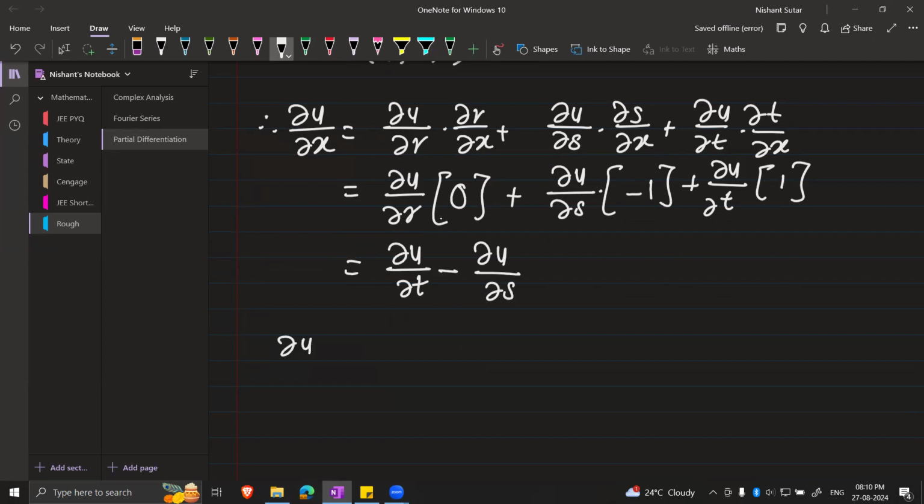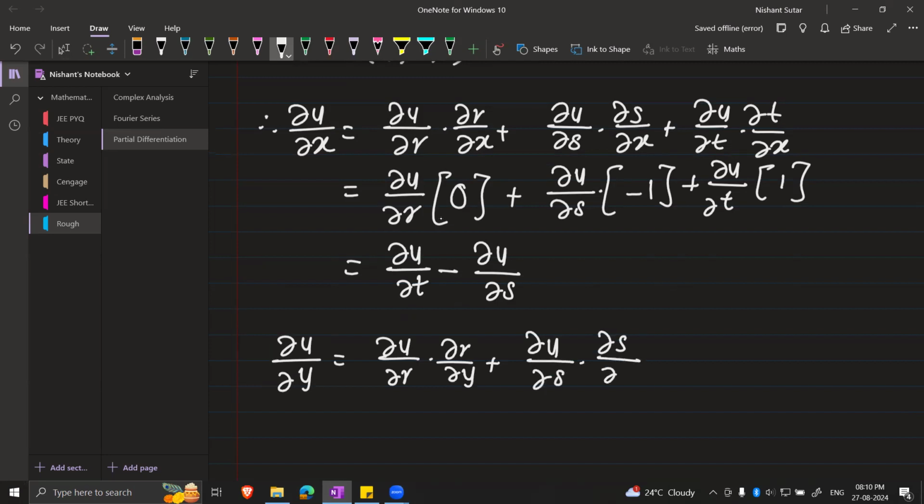Similarly, we'll calculate del u by del y. This will be del u by del r into del r by del y plus del u by del s into del s by del y plus del u by del z, instead of z there is t. So del u by del t into del t by del y.